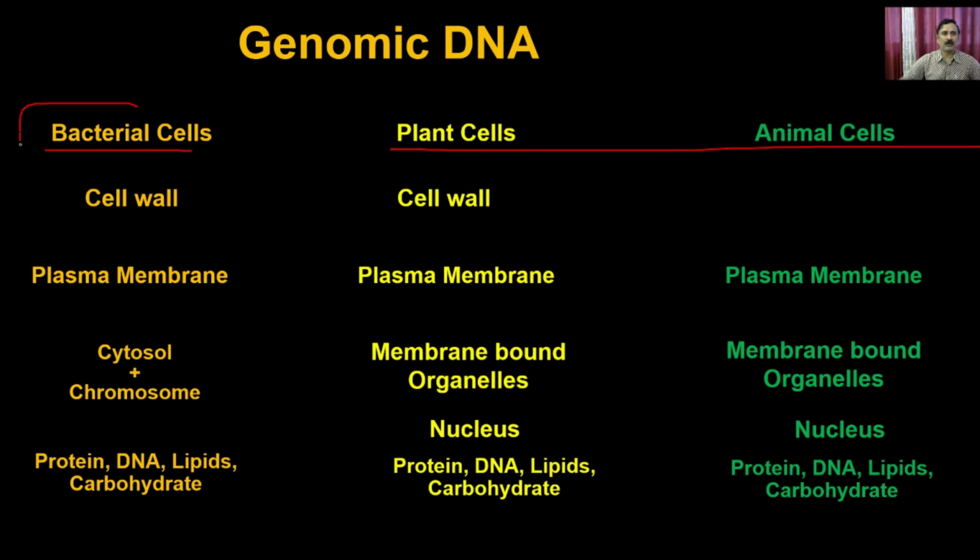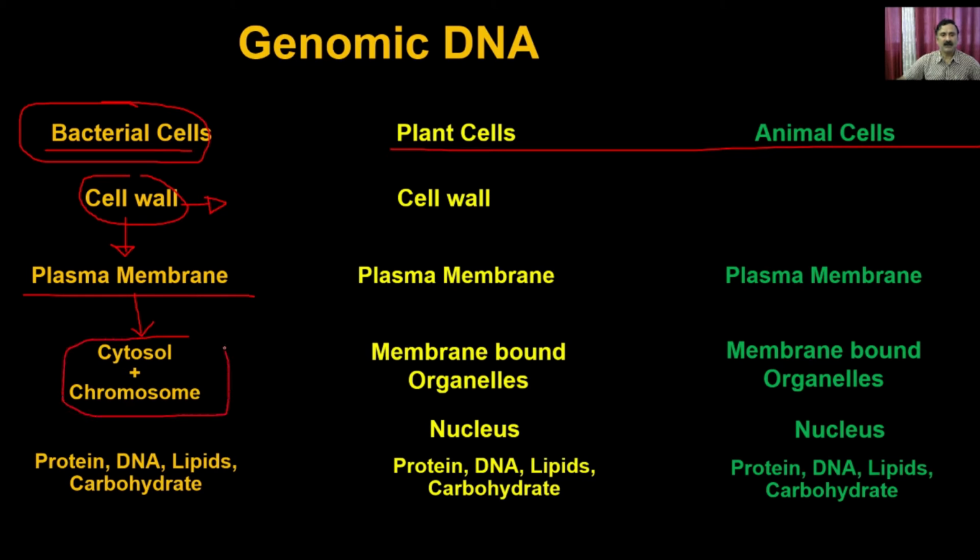In the case of the prokaryotic cell, you have the cell wall, which is made up of peptidoglycan, and below the cell wall you have the plasma membrane, and below the plasma membrane you have the cytosol as well as the chromosomes. So if you want to isolate the genomic DNA, you have to break all these barriers.